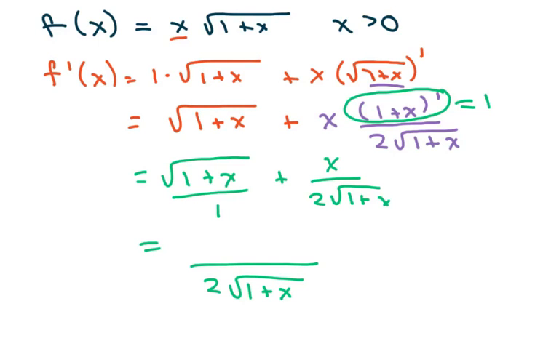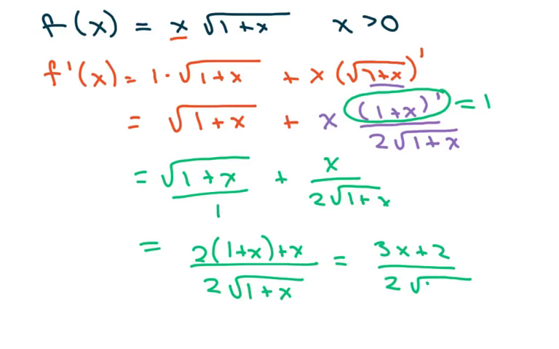And I'm going to cross multiply here, so you're going to get 2 times 1 plus x, and that's going to give you 3x plus 2 over 2 times the square root of 1 plus x. So that part is just getting the common denominator.